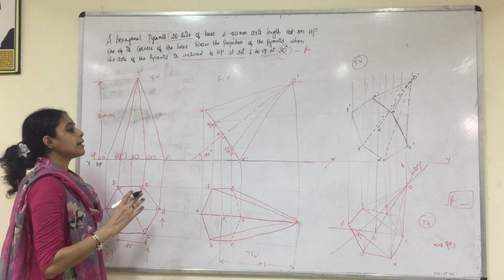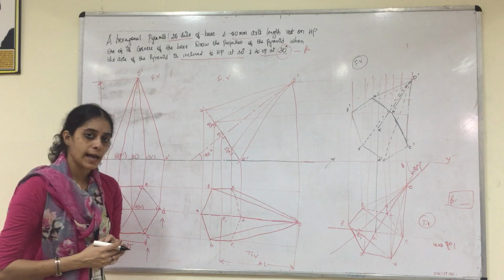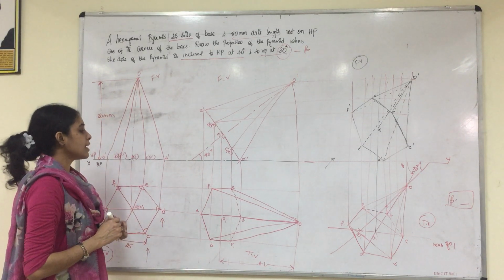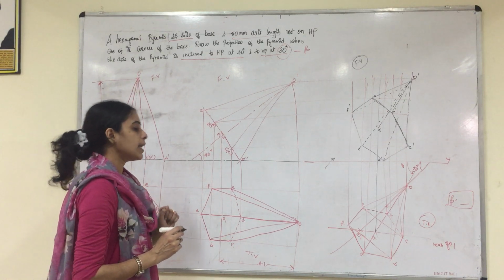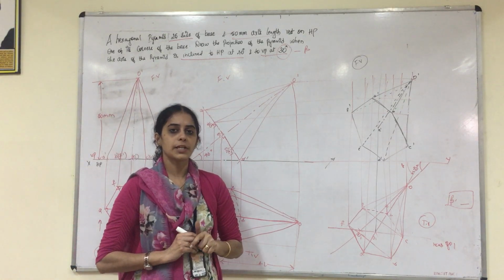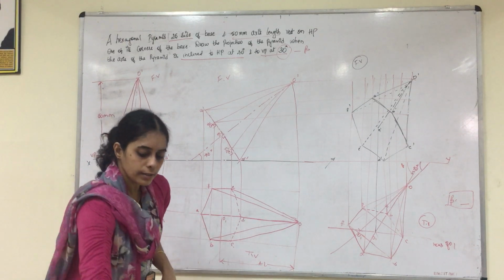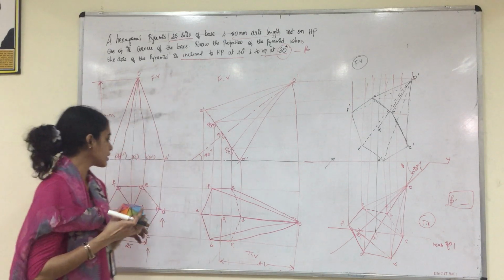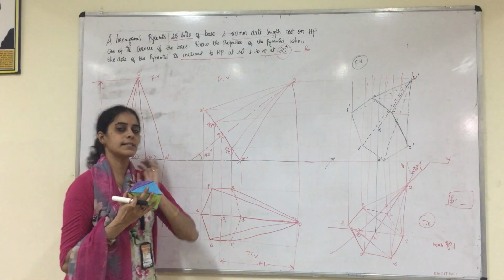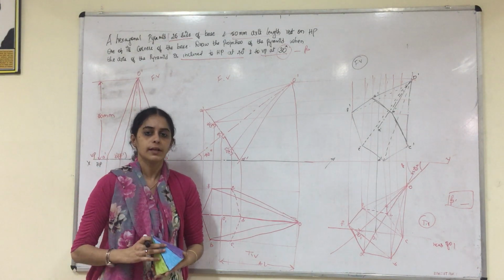It is a problem on axis inclination, and hence we have determined the apparent angle. If it was resting on one of its edges, then we would not have determined the beta angle. So this is how we solve the problem when a hexagonal pyramid is resting on one of its corners and the axis is inclined to VP and HP. Thank you.